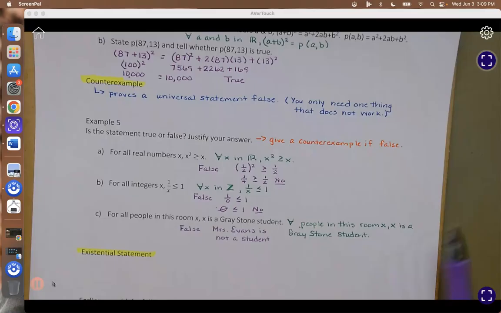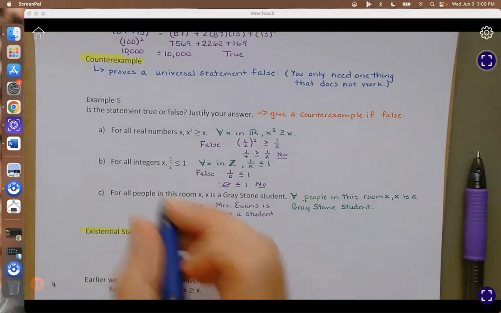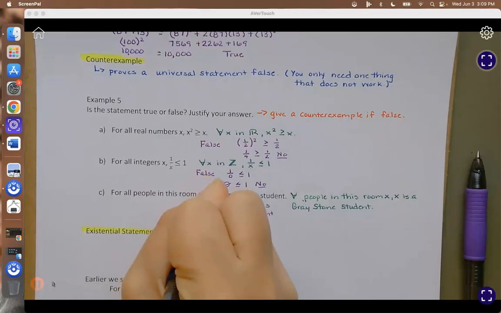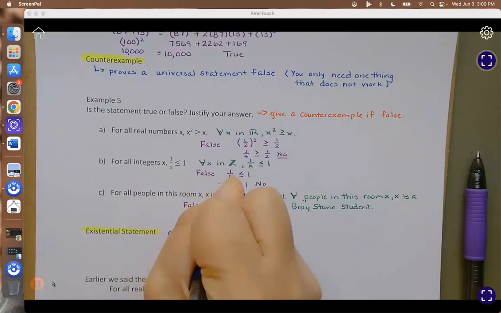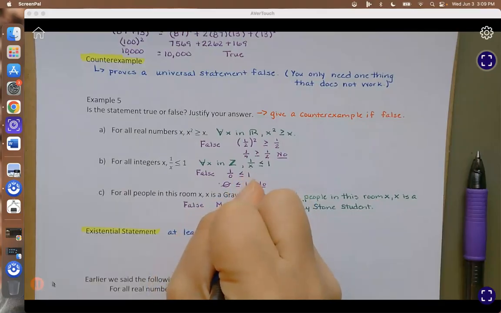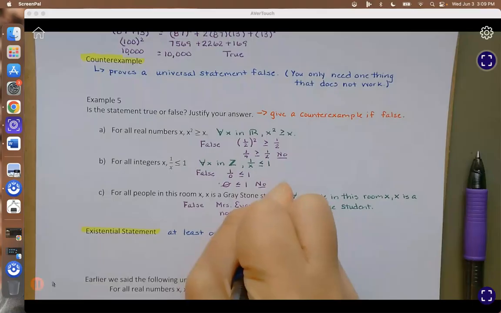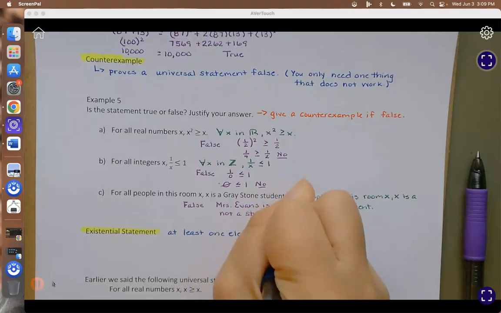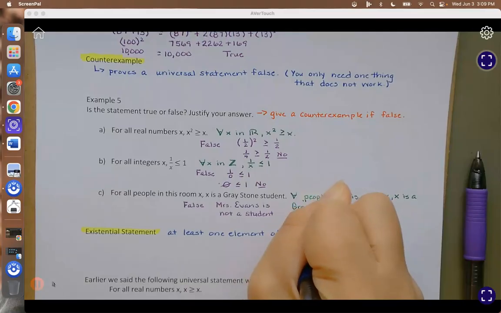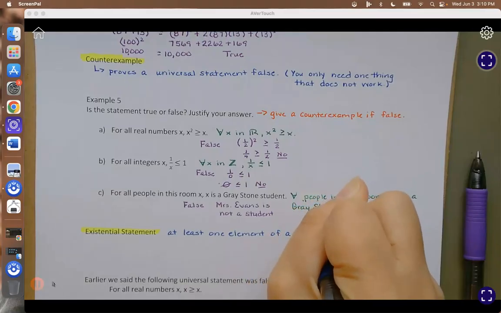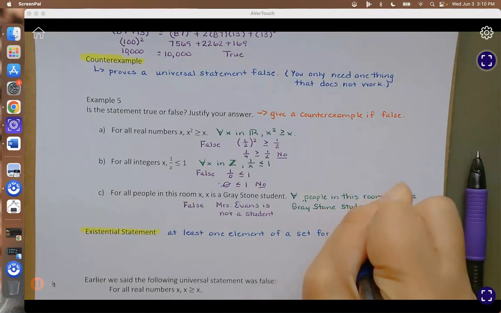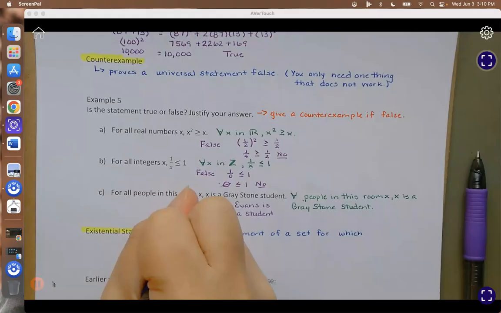Alright, so existential statements: at least one element of a set for which a property holds true.